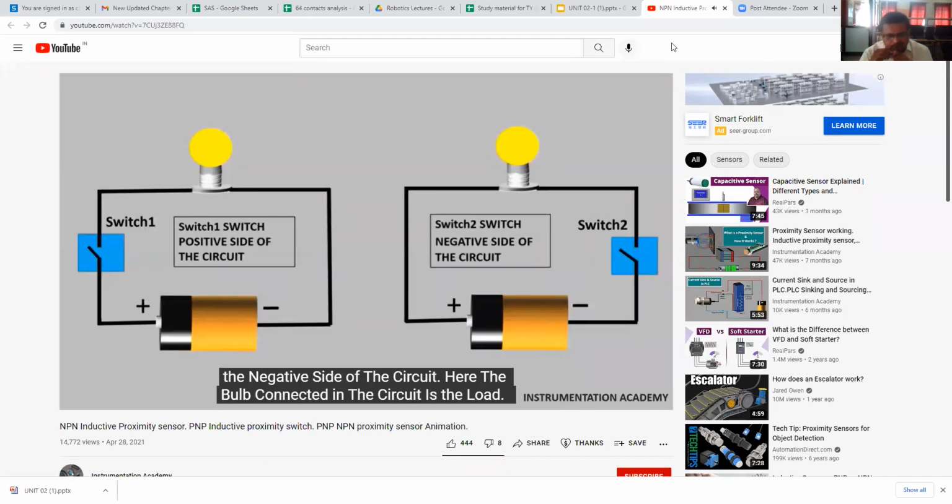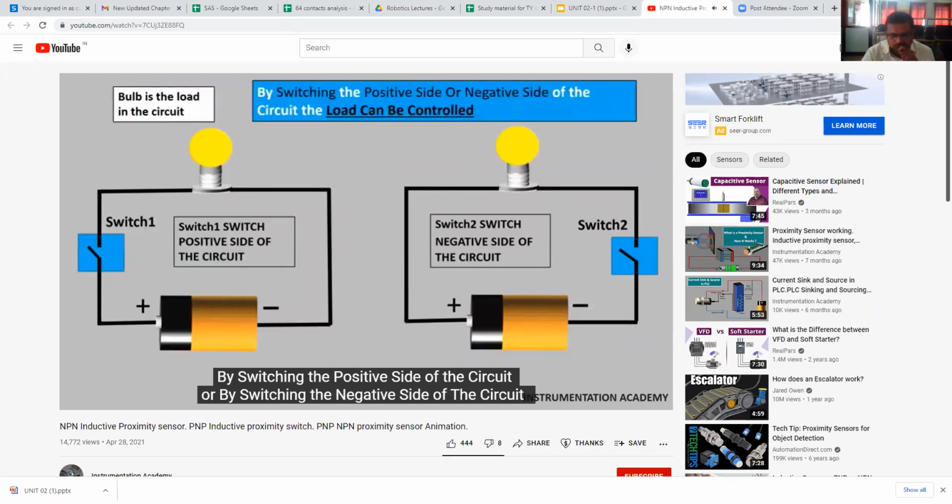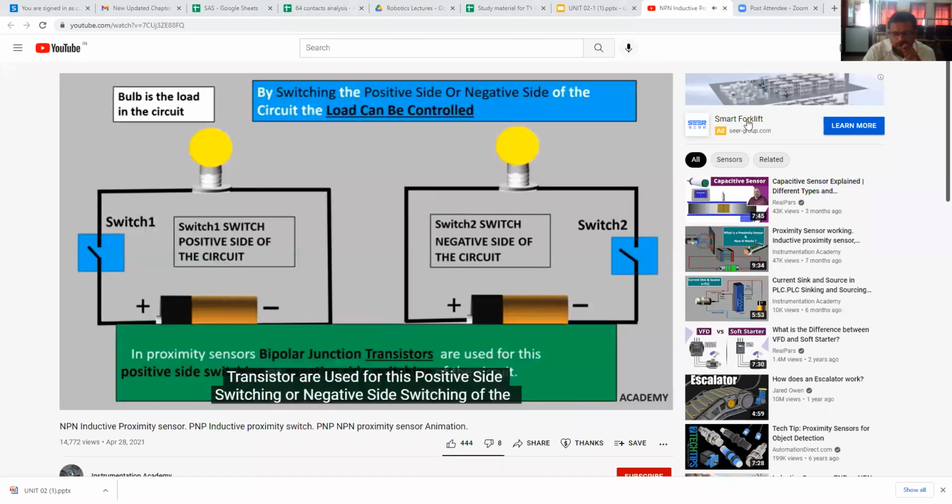Here the bulb connected in the circuit is the load. By switching the positive side of the circuit or by switching the negative side of the circuit, the connected load can be controlled. In proximity sensors, bipolar junction transistors are used for this positive side switching or negative side switching of the circuit, and this switching helps to control the load connected to the proximity sensor.